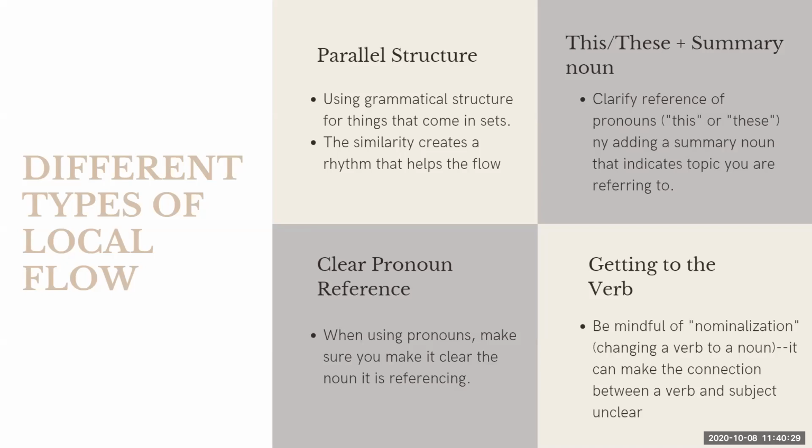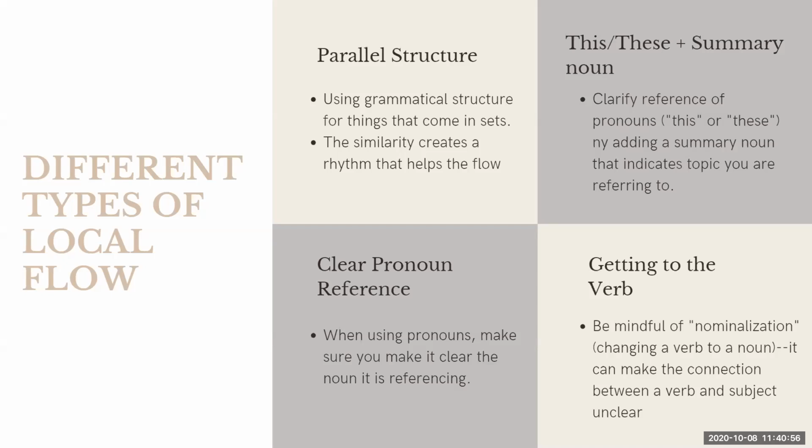An example could include, you've just finished talking about the importance of the Supreme Court deciding to legalize gay marriage, and you want to talk about what that decision indicates. So instead of saying "this indicates," you would say "this decision indicates," and then go forward with your statement.